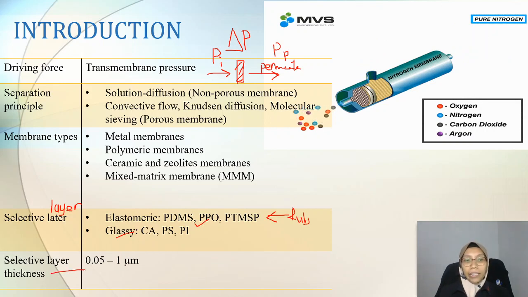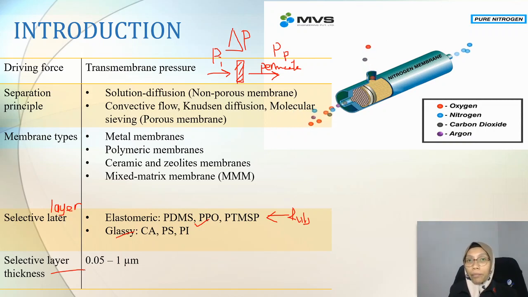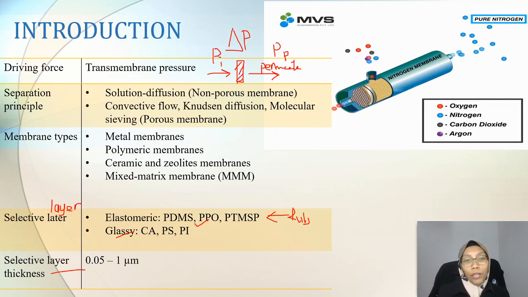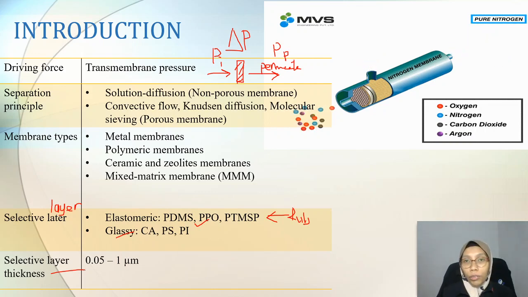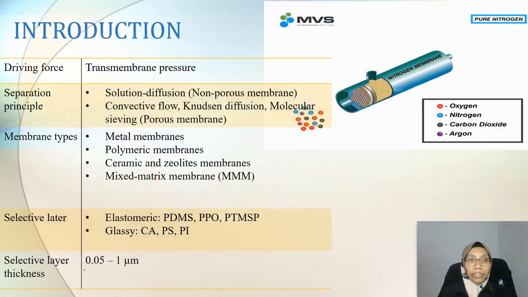For the selective layer, the thin top layer on top of your membrane, the thickness is about 0.05 to 0.1 micrometer. It's a very thin layer, because if you have a really thick layer, it's going to have a resistance towards your gas. Okay, so we are going to learn about the permeation theory.